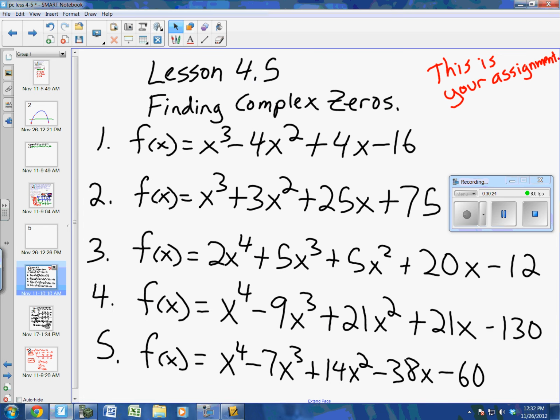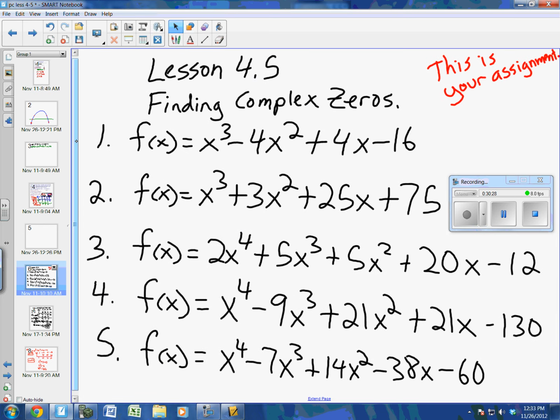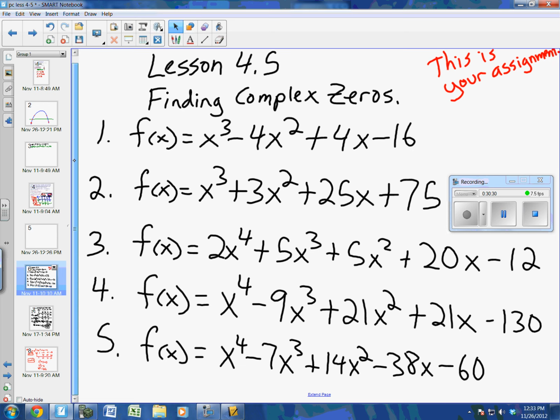Okay, here is the homework assignment. Lesson 4-5. Instead of getting out of the book, I picked 4 problems out that we can do. Finding the complex zeros. You have 2 third-degree polynomials and 3 fourth-degree polynomials. And so you have to find all the complex zeros. That includes the real and imaginary.